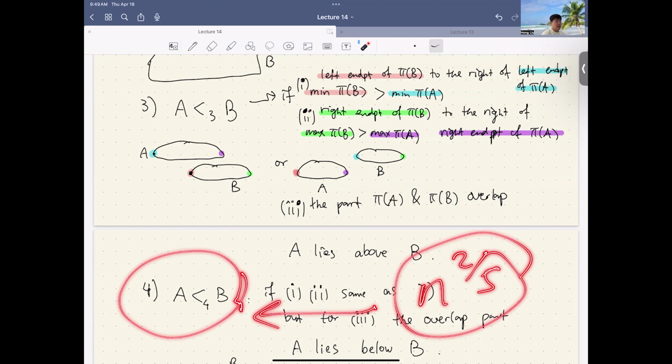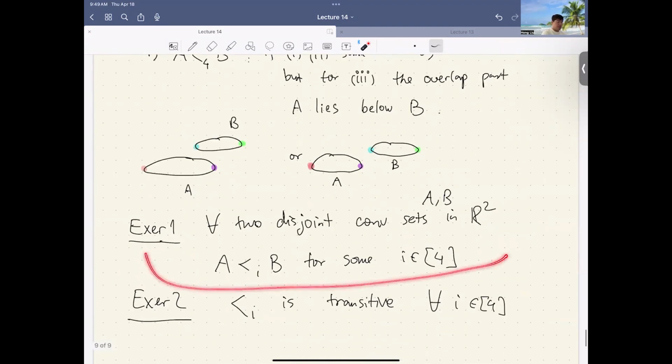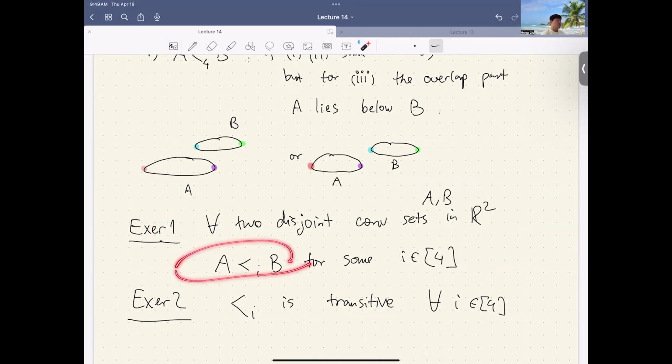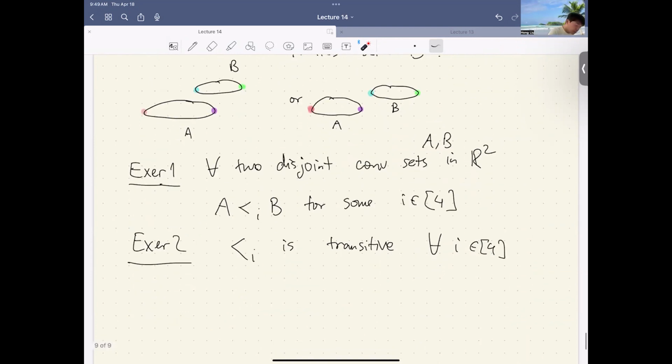Now, the final n to the 1/5 anti-chain is an anti-chain in all 4 partial orders. By this first exercise, that means this n to the 1/5 must be pairwise intersecting, right? If any pair is disjoint, they must be comparable in some poset. So an anti-chain in all 4 posets means they are pairwise intersecting.